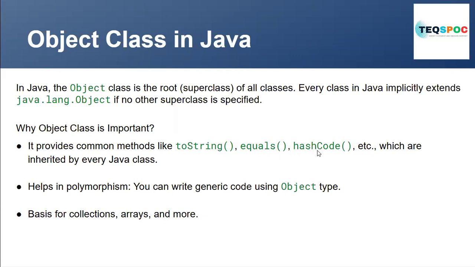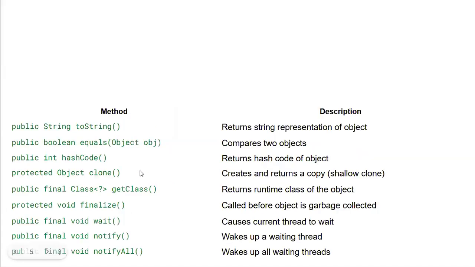All the methods we have seen come from the Object class. It also helps in polymorphism; you can write generic code using the Object type. It is the base for the collections concept, the array concept, and all the concepts we see in OOPs. So that is the Object class in Java.